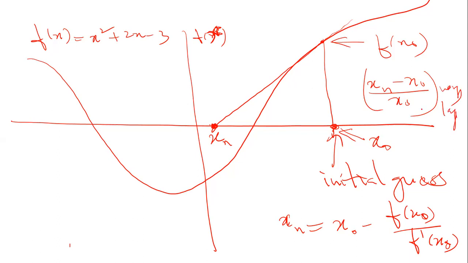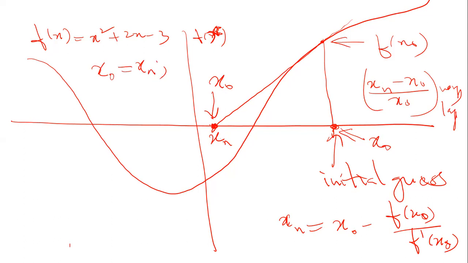Now, if the gap between x naught and xn is still very large, then we will do the next iteration. In the next iteration, we will assign this point as your new x naught. So we put x naught equal to xn.